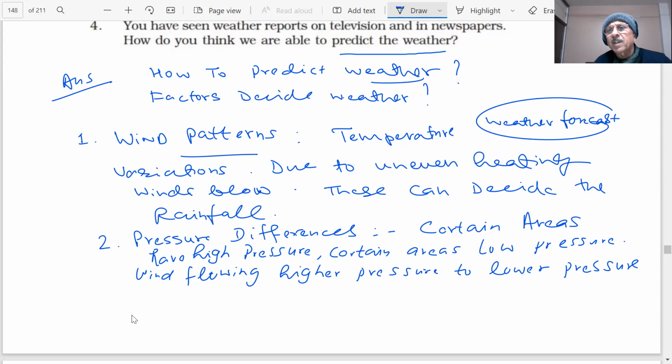What do you think? Weather forecast news is given, and there is a meteorological department. What do they record, student, what instruments do they have, whether there will be rainfall or wind or whatever predictions are made, in coastal areas also. There will be severe rains, wind or storms. How is weather predicted?